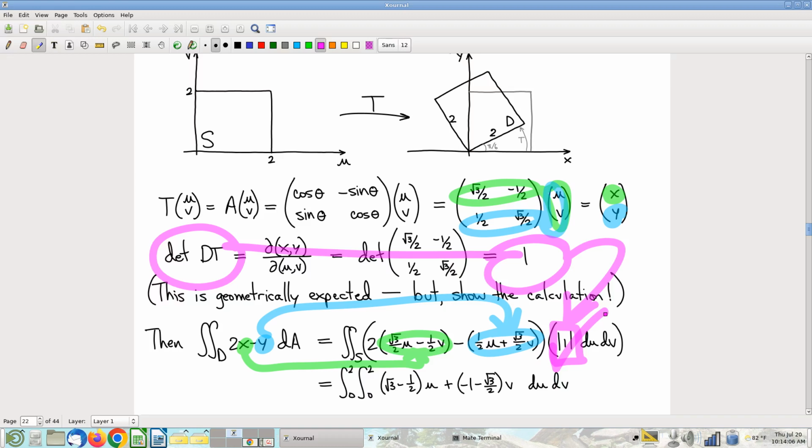Now, again, keep in mind, your goal as you write is not just to help you keep track of stuff that you can't do in your head. Your goal as you write is to communicate to the grader what you understand. And so, unnecessary though one could argue this is, it does help the grader see, this student not only computed the Jacobian determinant, but knows where it goes. Does that make sense to everybody?